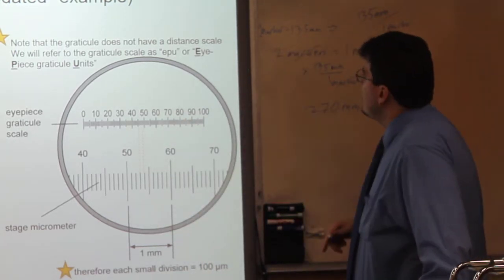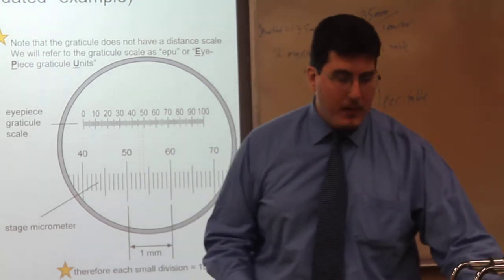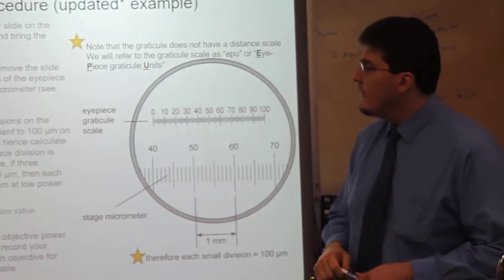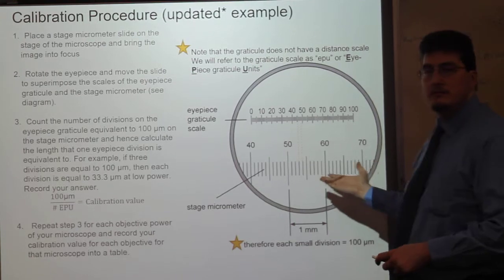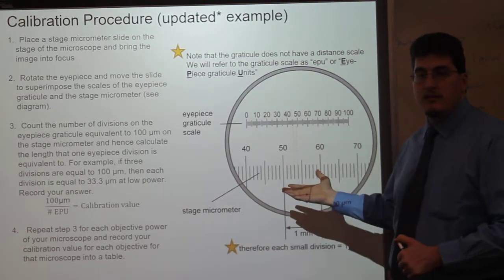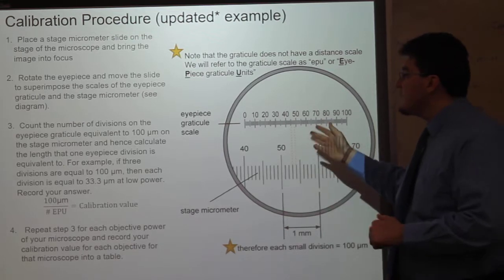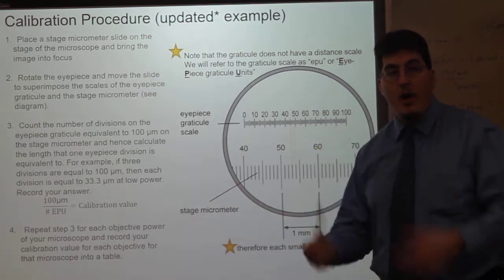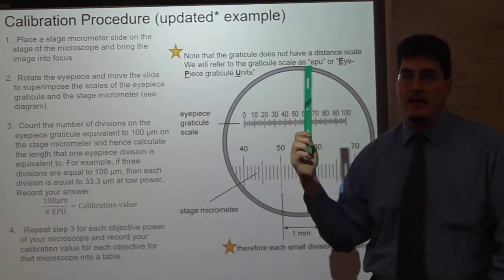The difference in the calibration procedure using a microscope eyepiece graticule is that you have a certain known quantity of measurement on the eyepiece graticule. The stage micrometer is a tool with a known length. It is your ruler in this scenario.